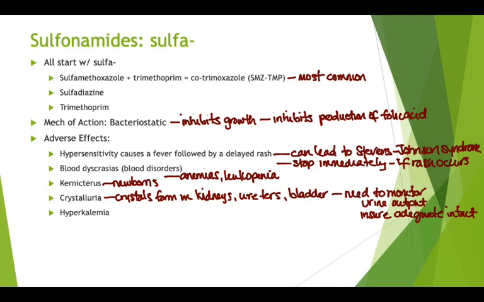So it's a very low white blood cell count. Most commonly, the neutrophils are the ones that are affected. And this is part of your blood dyscrasias for your adverse effects. And we talked about kernicterus, which is also very severe for newborns as well.